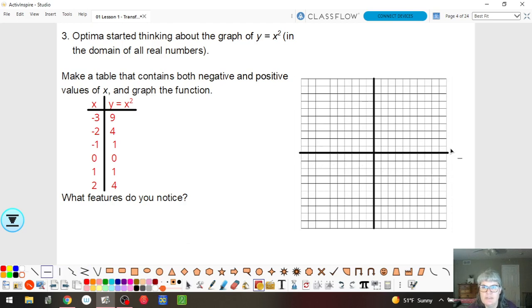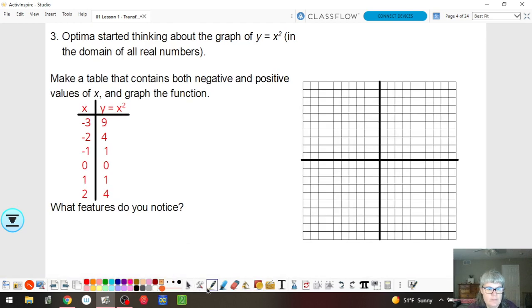So the horizontal is x, the vertical is y, and then I'm going to plot the points. So -3, 1, 2, 3, 1, 2, 3, 4, 5, 6, 7, 8, 9. -2, 4.